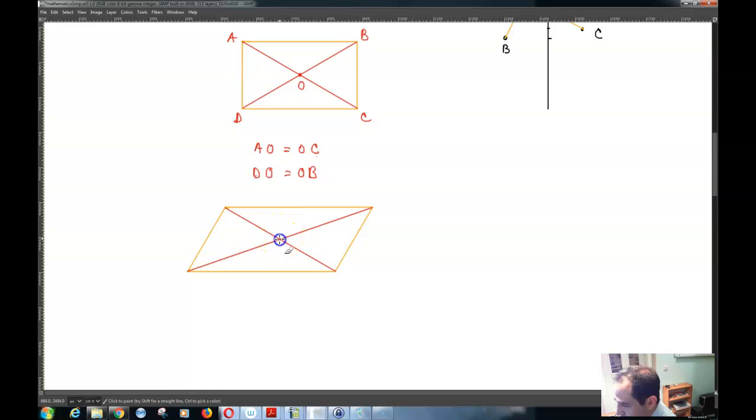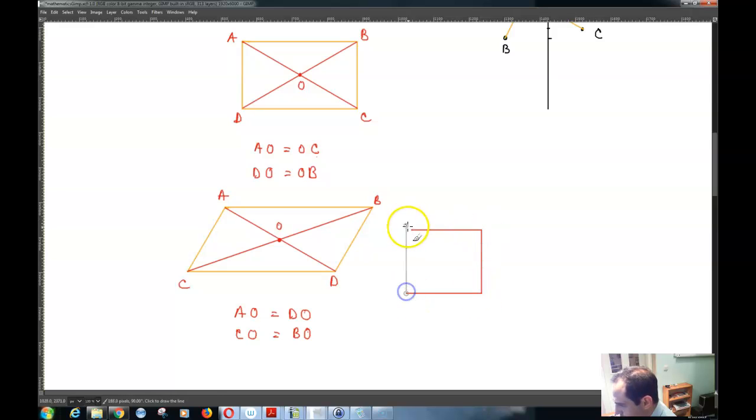But again, if I call this A, B, C, D, and O, AO is equal to DO, and CO is equal to BO. That's going to happen all the time as long as you have a parallelogram. And you know that a rectangle is a parallelogram, basically. A square is a parallelogram.